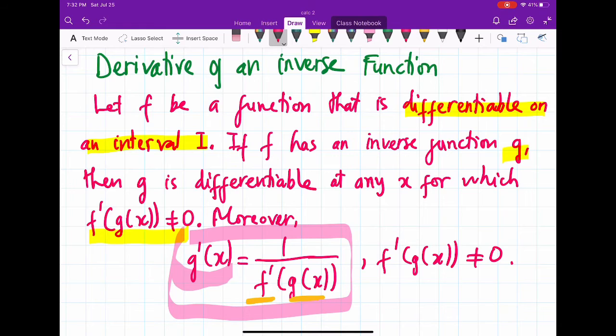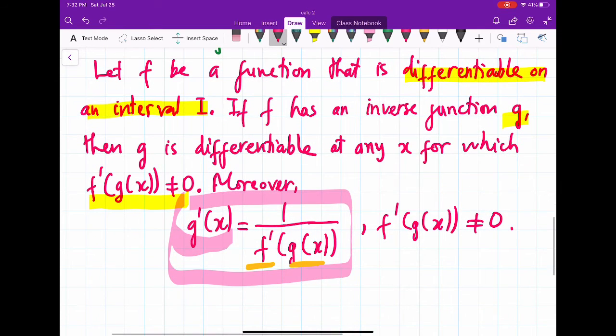You see? And in this case, this formula tells you that if you know that the function is differentiable and has an inverse, you may find the derivative of that inverse using the current function. Okay, so given that you don't have to find the inverse function, that is the interesting thing.